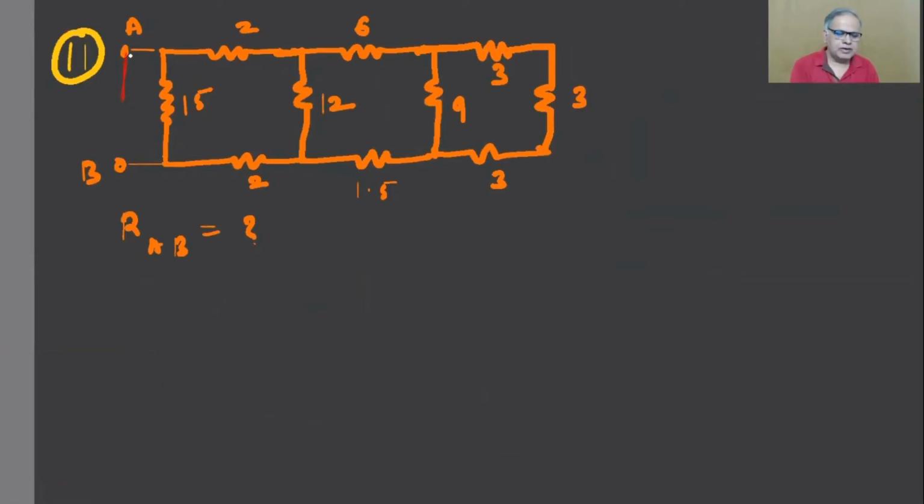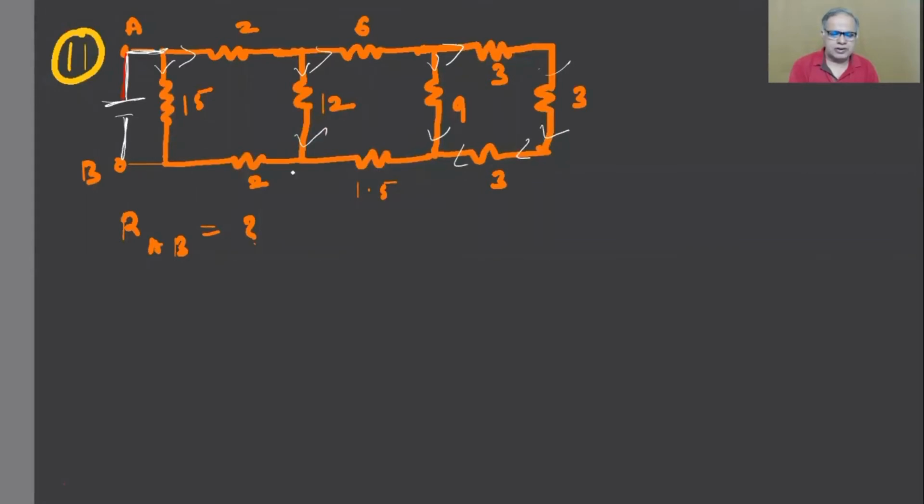If I connect the cell here, you can think that current is entering from A. So it will divide like this here. What do you say, children? Once again, it will divide into these two. This will divide once again into these two. It doesn't divide here.